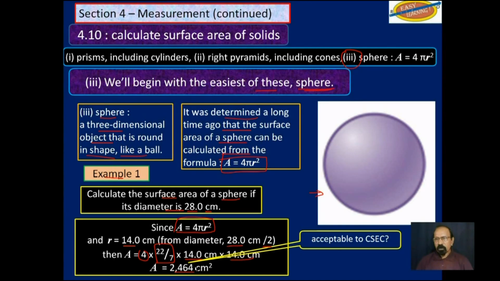Now, I am not too sure if CSEC will accept that. We do have 3 significant figures here, and this has 4, but just to be sure, we will round off the 3 significant figures where that 6 is, which is the tens position, and you get 2,460.